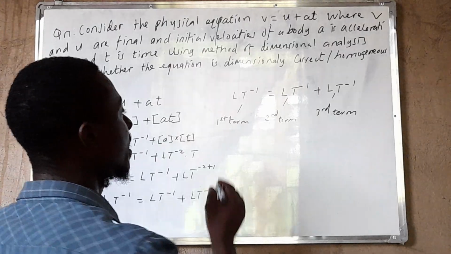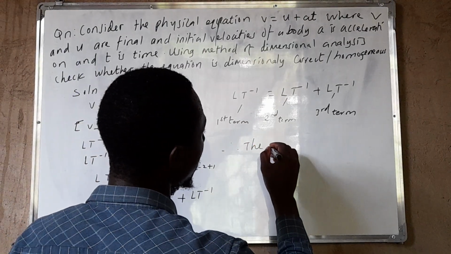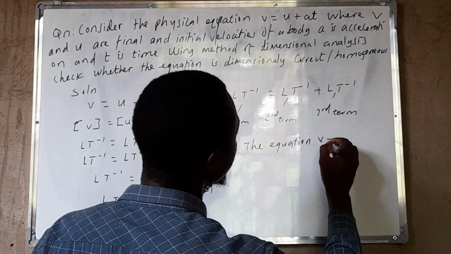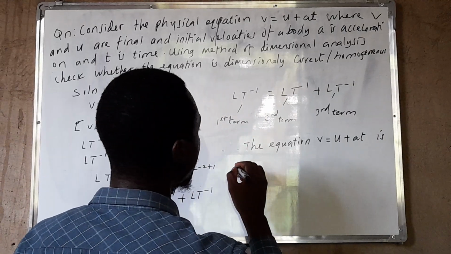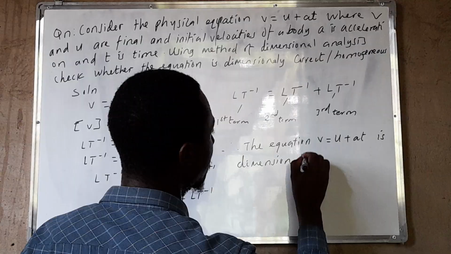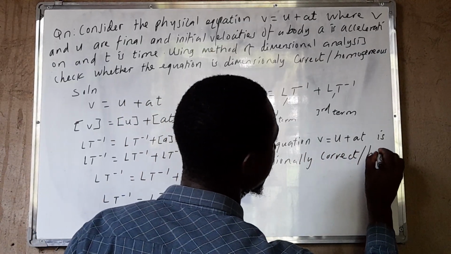So we say the equation V = U + AT is dimensionally correct, or homogeneous.